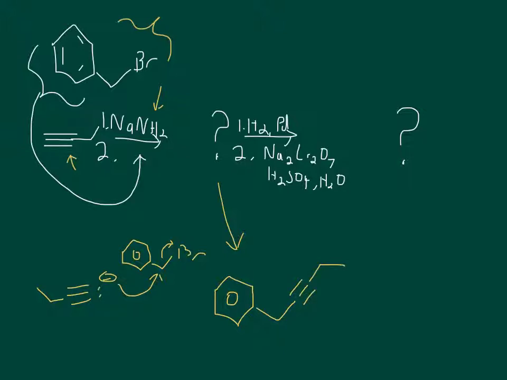Now we want to consider, what is this hydrogen with the palladium? Well, that should be relatively simple. We're just doing hydrogenation, so that's going to reduce these bonds, leaving us with a simple alkyl chain attached to the benzene ring. In this case, an alkyl chain of 1, 2, 3, 4, 5 carbons.